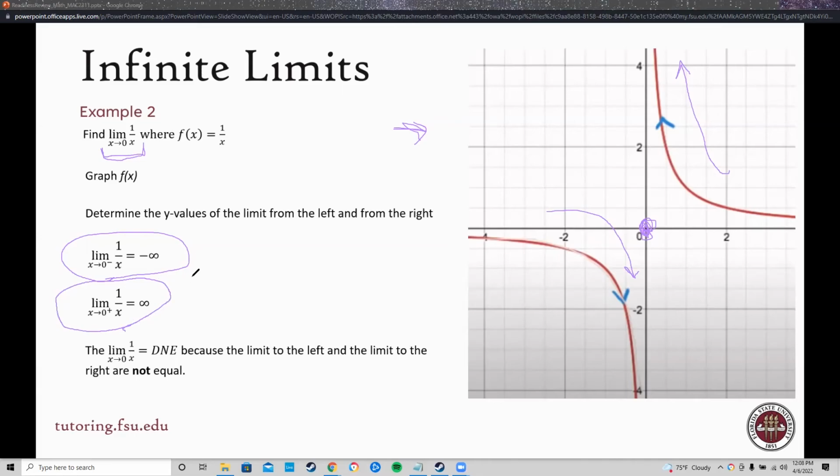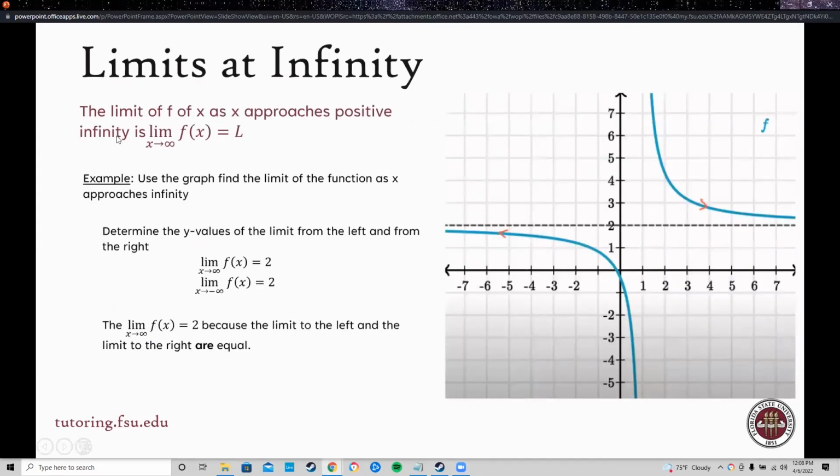Because the left-hand side and right-hand side do not equal each other, the limit here does not exist, because the left-hand limit and the right-hand limit are not equal. Hopefully, you're starting to get comfortable with how we evaluate properties of graphs using limits.